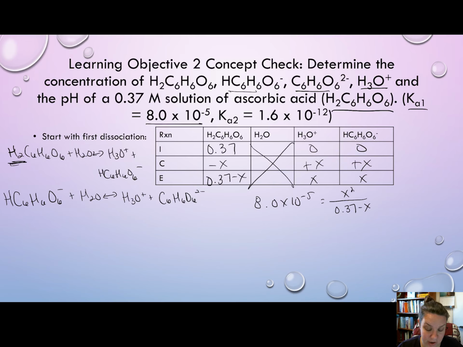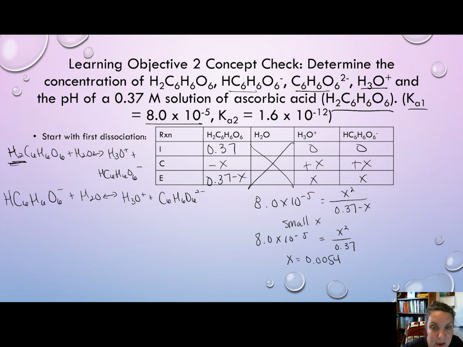If we are looking, we see that we can do small x here. And we get 8.0 times 10 to the negative 5 equals x squared divided by 0.37. And when we do that, we can get an x value equal to 0.0054.